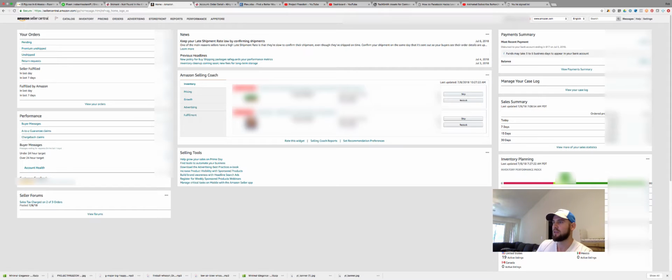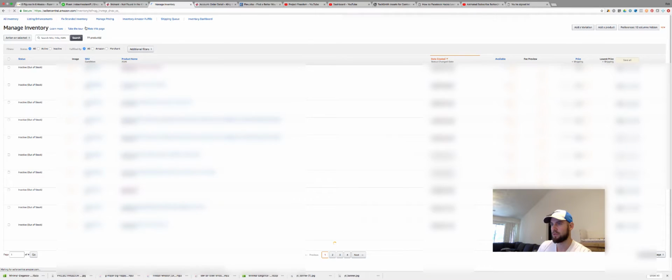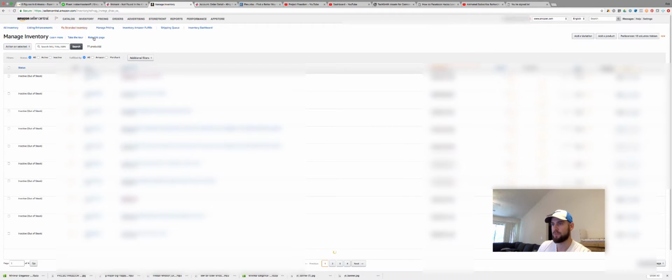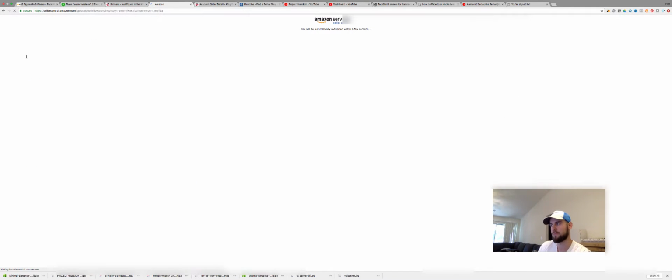Okay, so the first thing you're going to do is come up to Inventory and do Manage Inventory, and wait for it to load. You're going to select whatever product it is that you want to send in, and on the Action on Selected button here, you're going to go down to Send and Replenish Inventory.